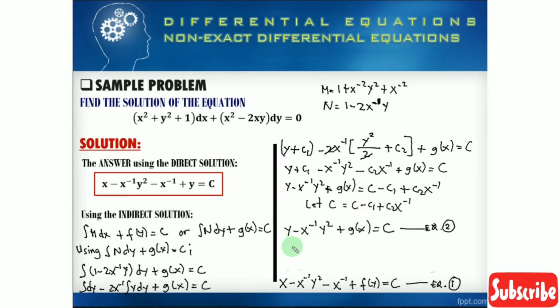So we may rewrite equation 1 here: x minus x raised to the negative 1 y squared minus x raised to the negative 1 plus f as a function of y is equal to c. So this is our equation 1.